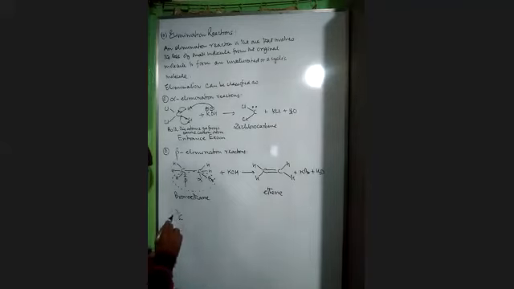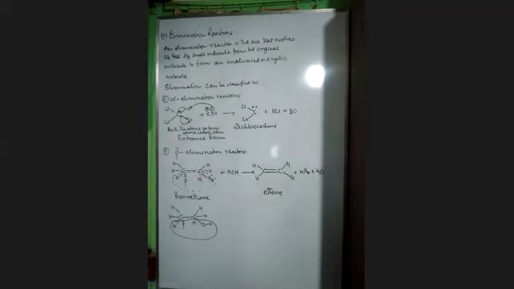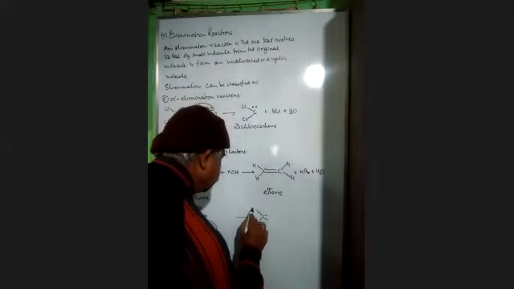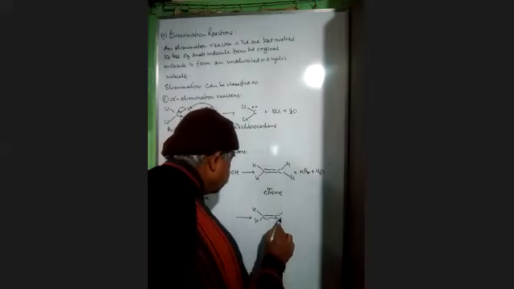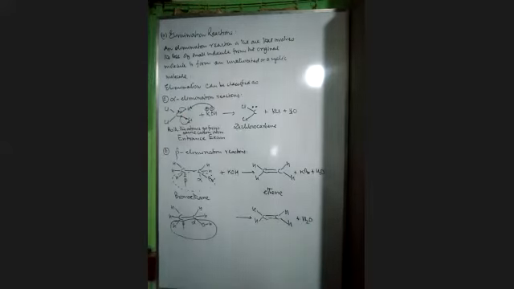Now, suppose I have taken this. Since this is alpha, this is beta. So from there, if a molecule of water goes out, what will happen? So how to remove water? Suppose water spilled on your dining table. Then what do you do?